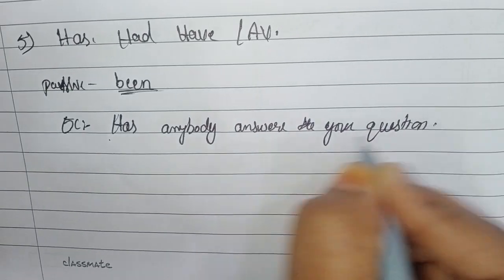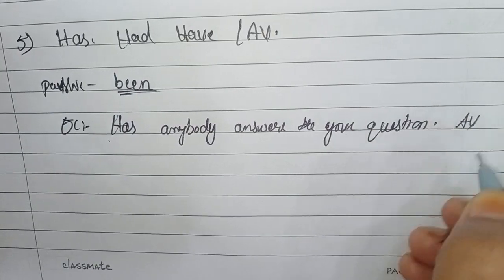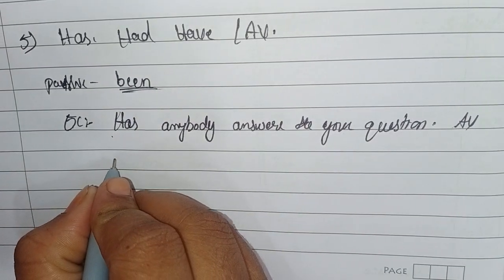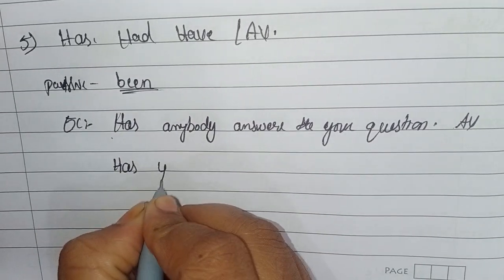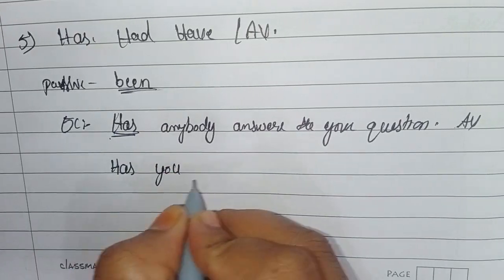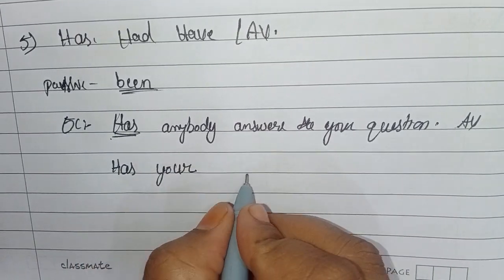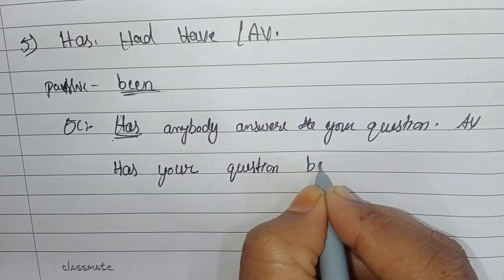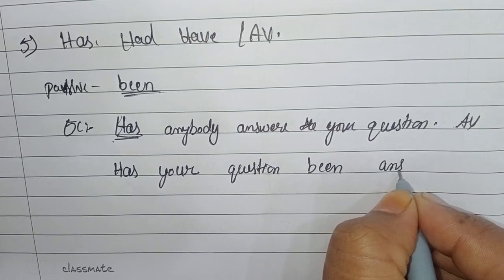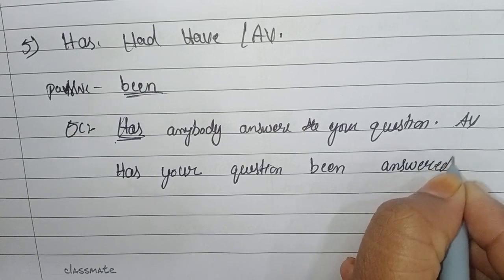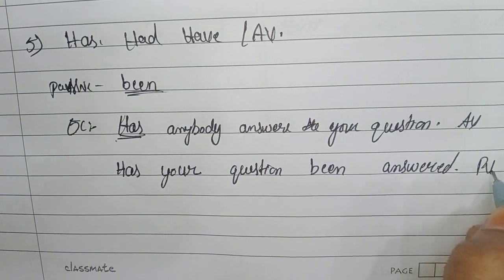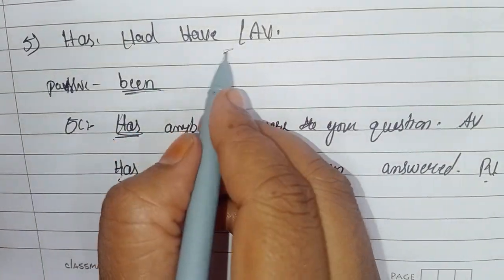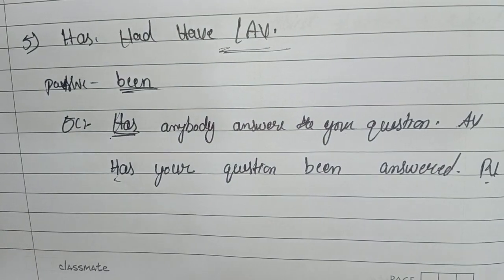When we change it into the passive voice, because we are using the word "has" here, we have to use the word "been" here: Has your question been answered? This is the passive voice. This is the last rule of the active voice and the passive voice.